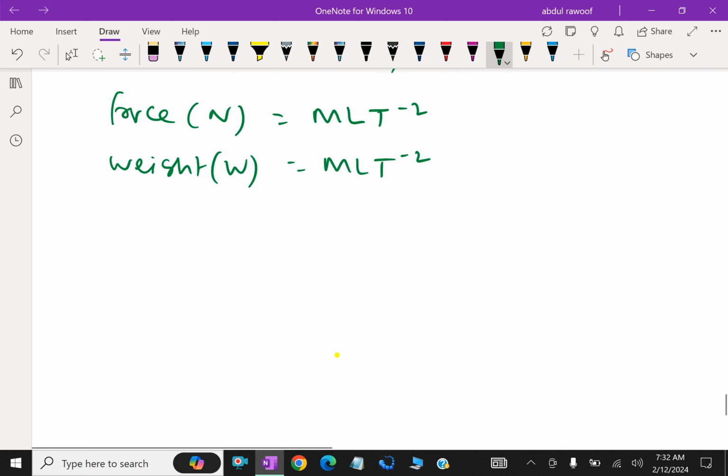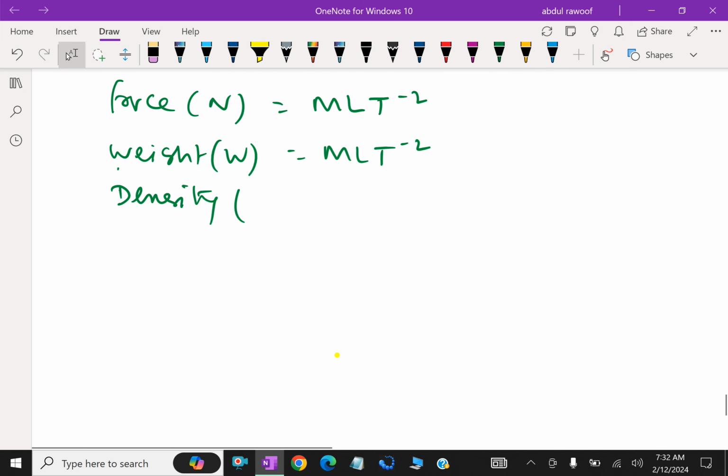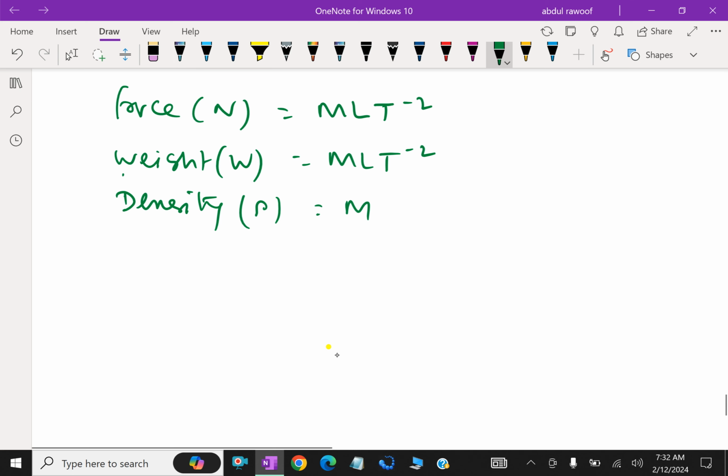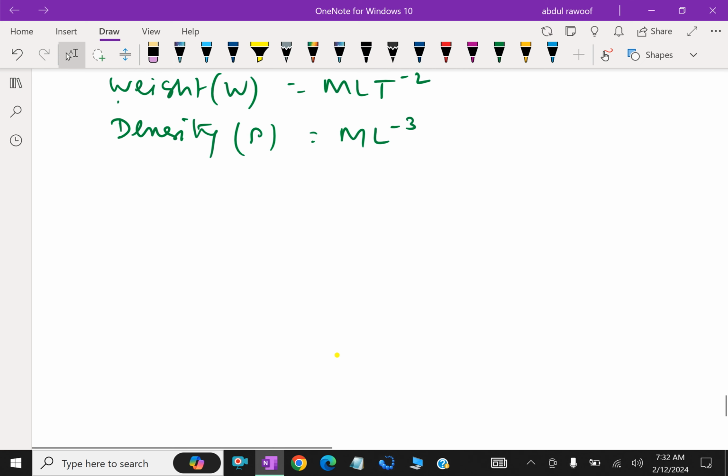Density, rho, kg per meter cube, that is M L power minus 3.